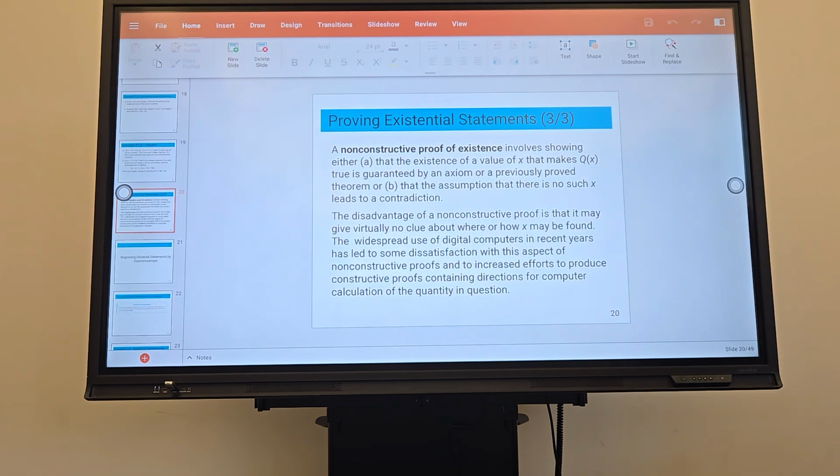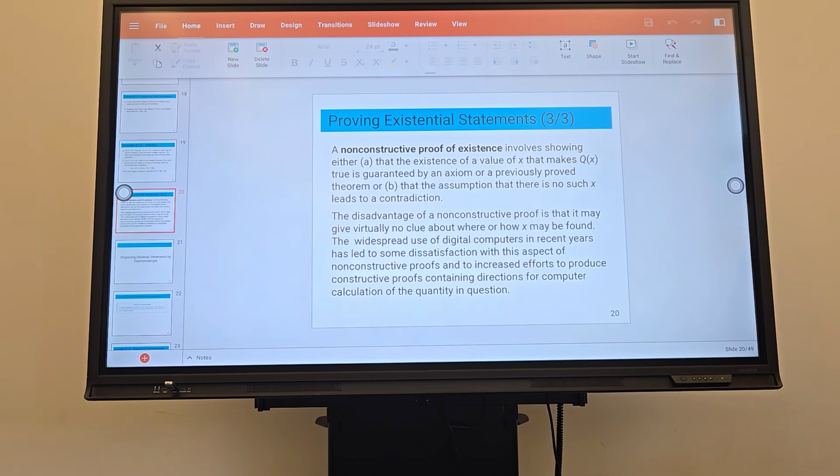A non-constructive proof of existence involves showing either one, that the existence of a value of x that makes q of x true is guaranteed by an axiom or a previously proved theorem, or that the assumption that there is no x leads to a contradiction.